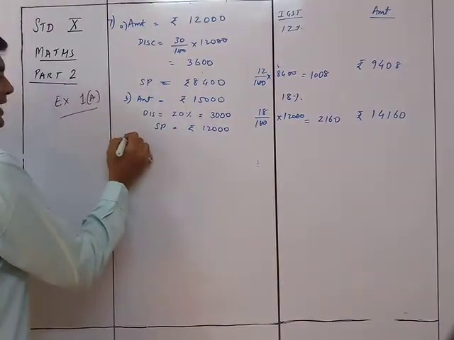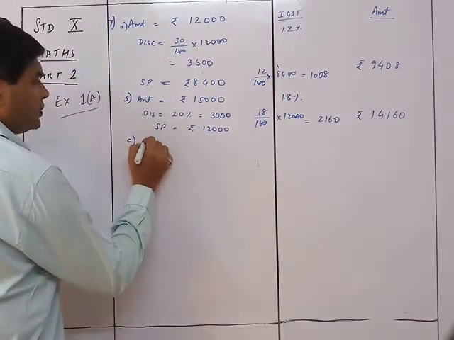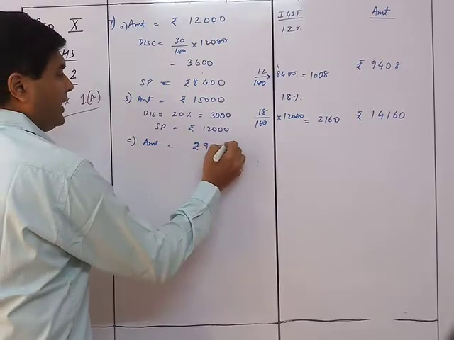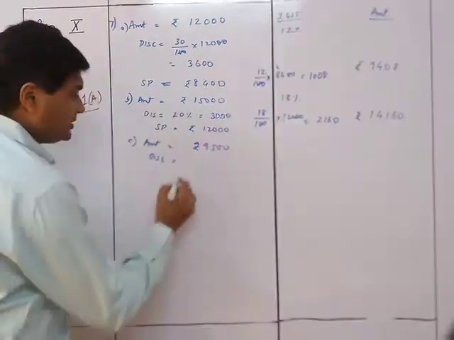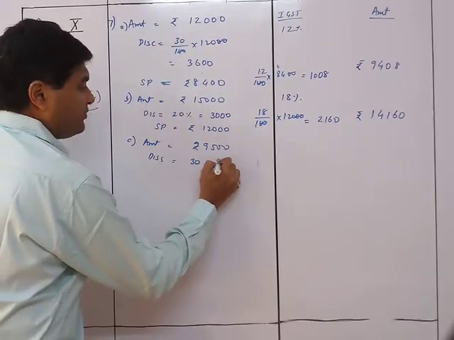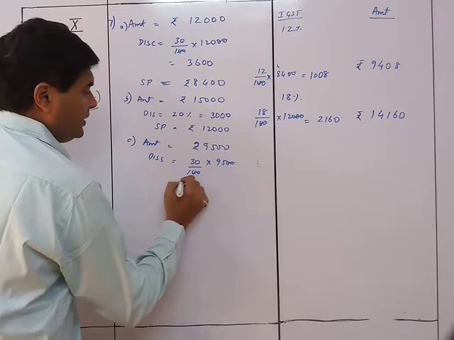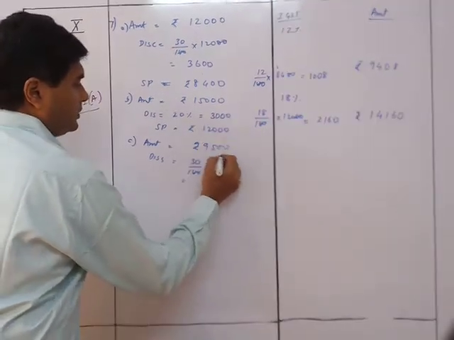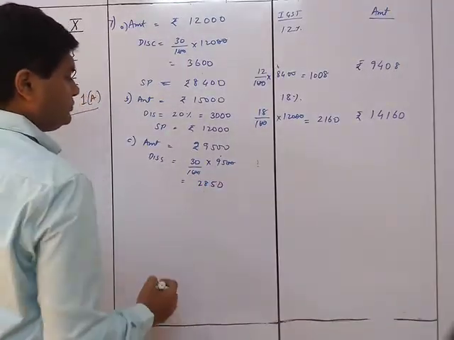We come to item number C. Item C is 9,500. So amount is equal to rupees 9,500 and the discount is given as 30%. So 30 into 9500 upon 100. So that will give me 2850.